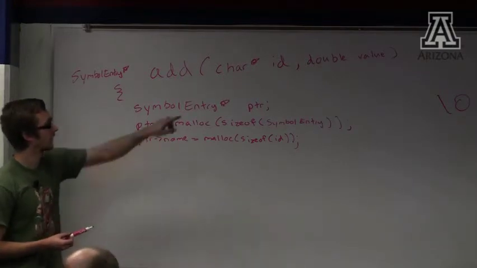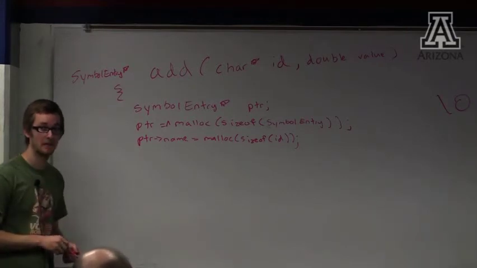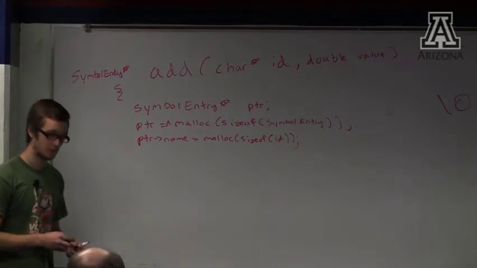So we want to add those into the struct somehow. There's actually a function in string.h called strdup, which will automatically malloc the size of the char star that you pass in, and then also copy all the values over, and just return a pointer for you. So you can just complete that whole thing by doing strdup within the ID.